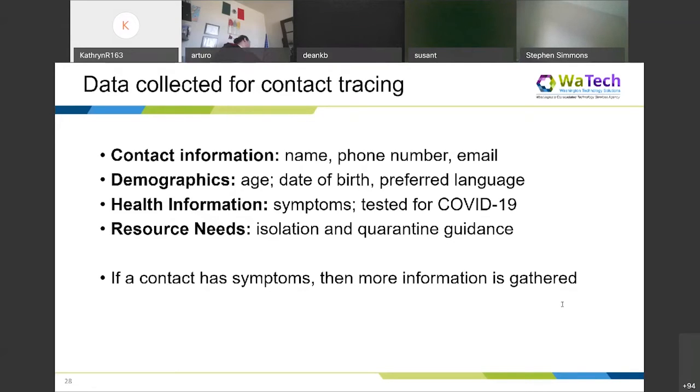If the contact that the contact tracer reaches actually has symptoms, then a lot more information is gathered about where they've been and that type of information, which gets closer to what the case investigators are doing, which is the next slide.